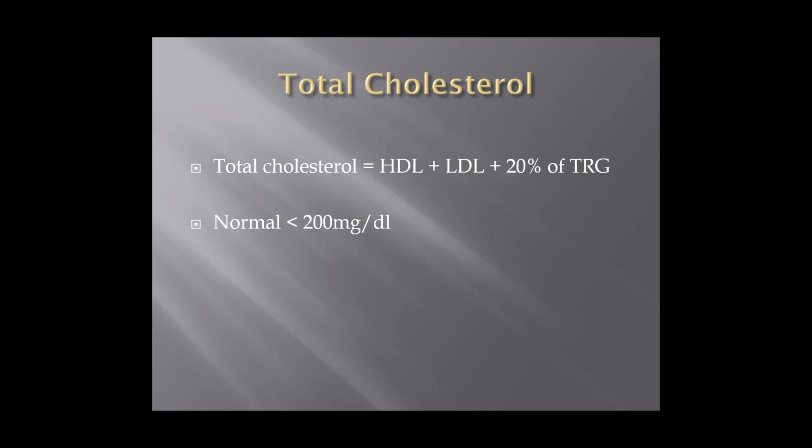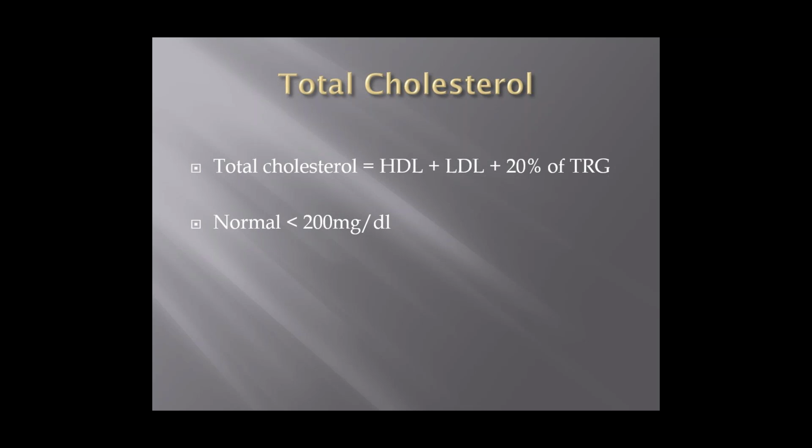So when you have a biometric screening done, for instance, you'll see a whole bunch of numbers there, and the first three generally are cholesterol. You'll see the total cholesterol listed first, and what that includes is the lipoproteins that I talked about earlier. The high density is the HDL, the low density is the LDL, and then a portion of the triglycerides are included in that total number of cholesterol.